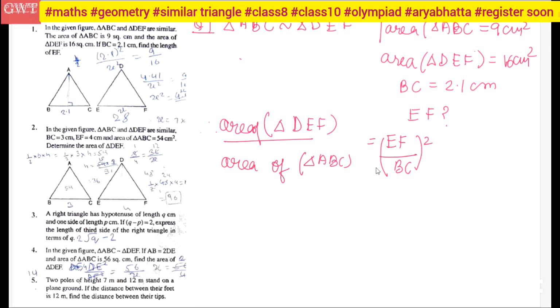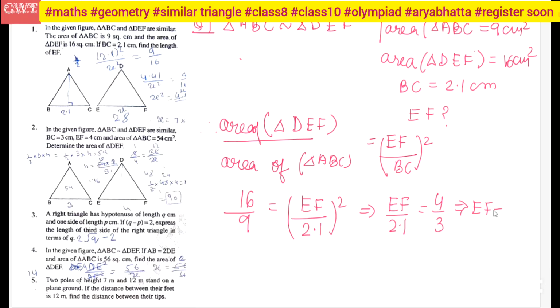Okay, so when I am putting the values, they have given all the values, so that is 16 upon 9 is equal to EF upon 2.1 whole square. Or I can say that EF by 2.1 is equal to the square root of 16 by 9, means 4 by 3, right? So this implies that EF is nothing but, I will multiply this 2.1 by 4 by 3, and what I am getting is equal to 2.8 centimeter. EF is nothing but 2.8 centimeter.